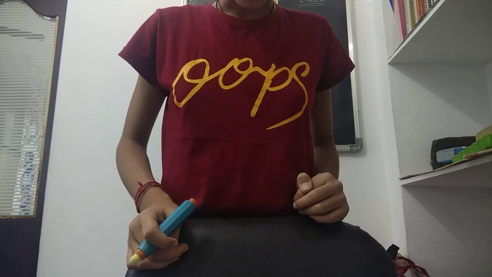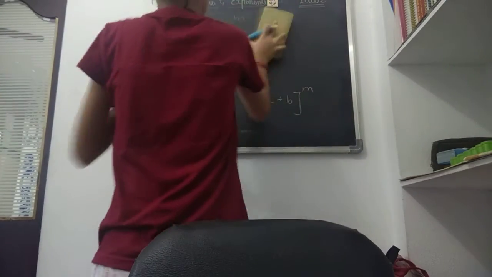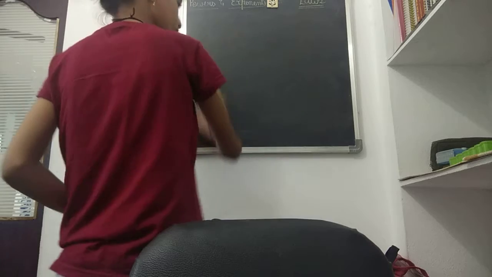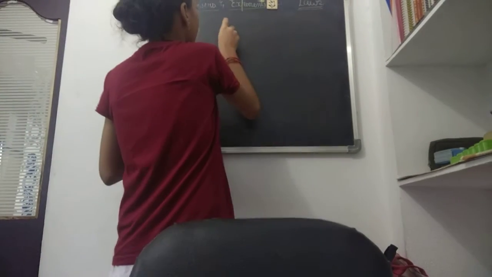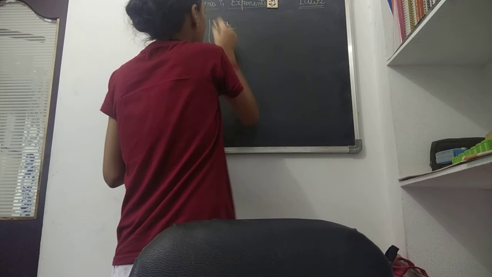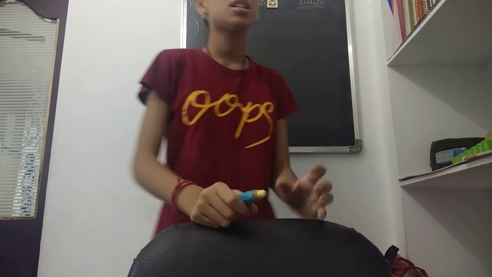Now the seventh law is (a by b) to the power of minus n, a negative integer power. With negative powers we get some confusion.